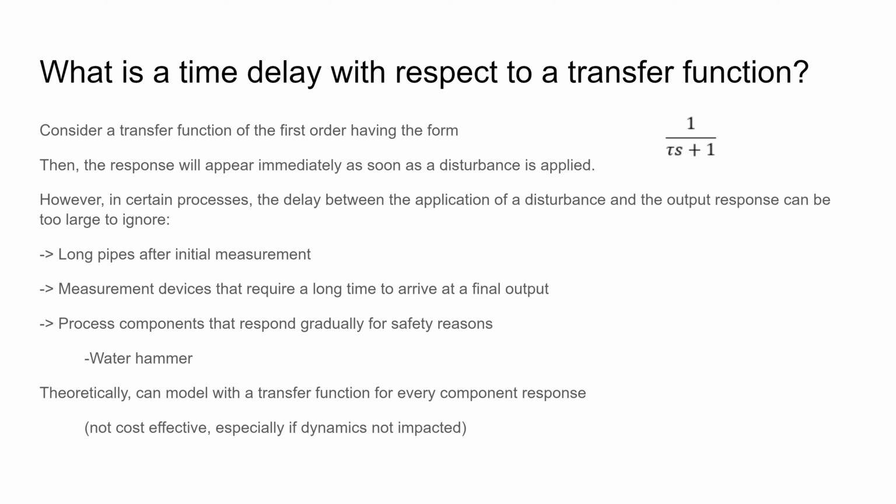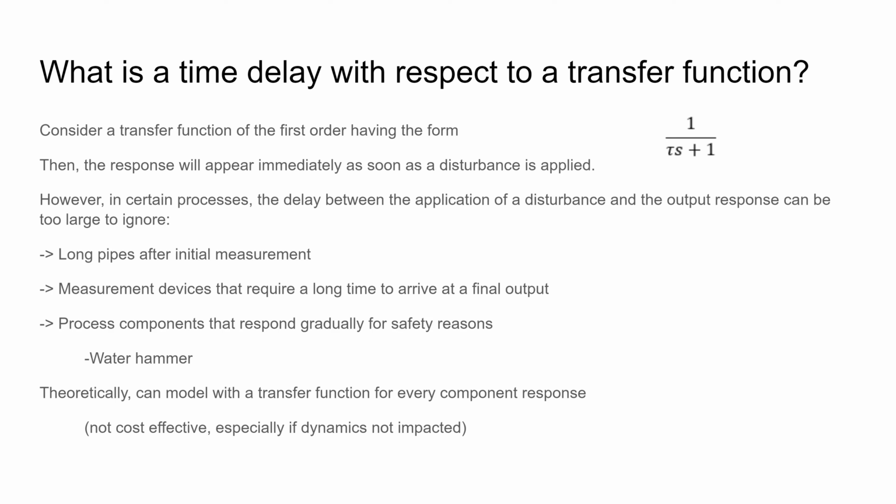So let's look at a first order transfer function, which has the form seen here, 1 over tau s plus 1, where tau is the time constant. If we were to apply this to a system, then the response will appear immediately as soon as a disturbance is applied.